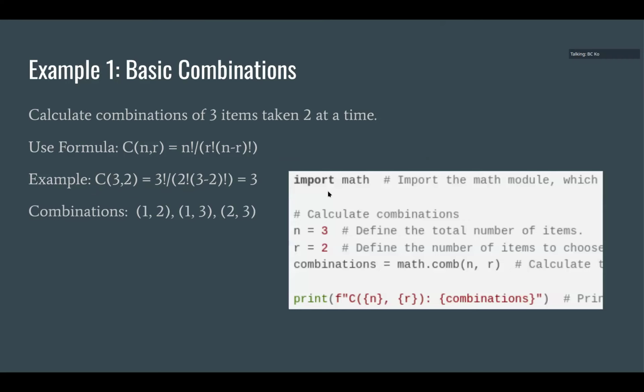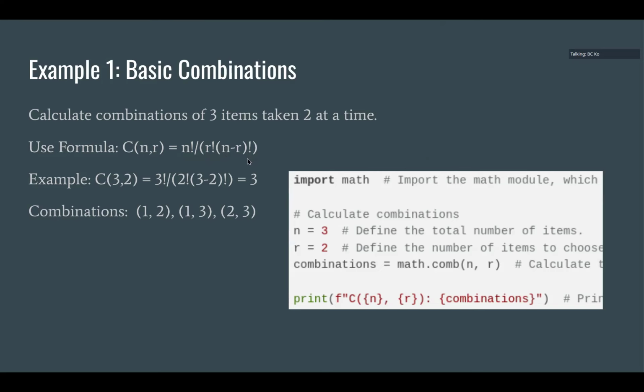Basic combination example. Let's look at our first example: calculating the combinations of 3 items taken 2 at a time. You can use the formula n factorial divided by r factorial times n minus r factorial.